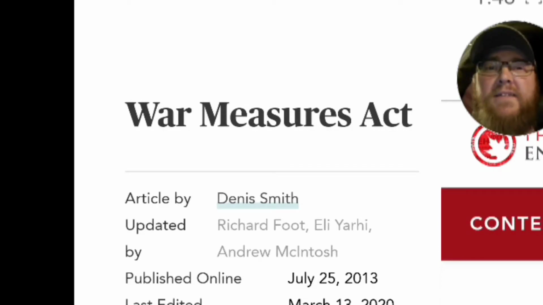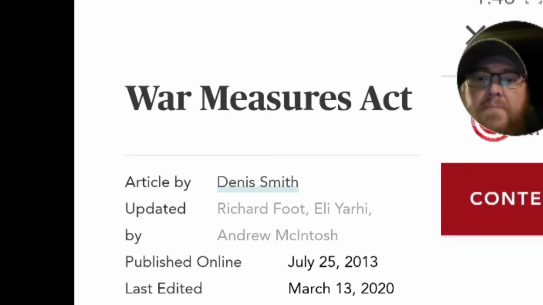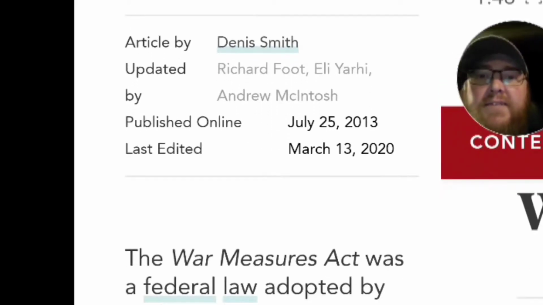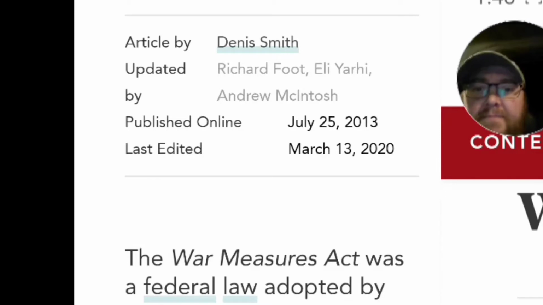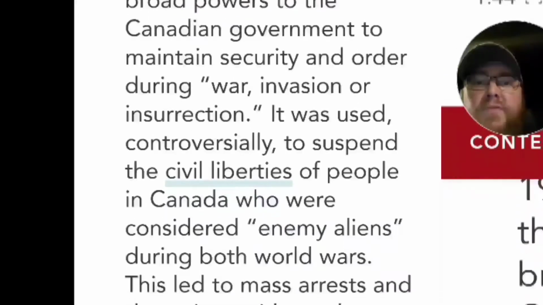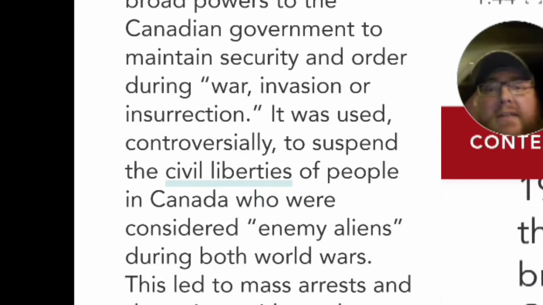Hey, look at that. There I am. All right, so War Measures Act. This is from the Canadian Encyclopedia. War Measures Act was a federal law adopted by Parliament in 1914, the beginning of the First World War. And this was, of course, concerns that during a Great War, they need to be able to control things.